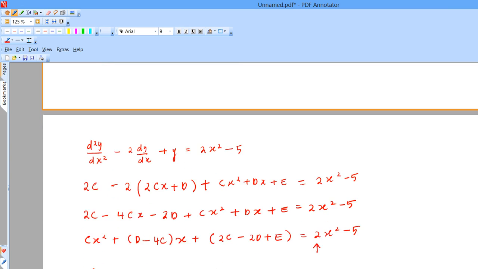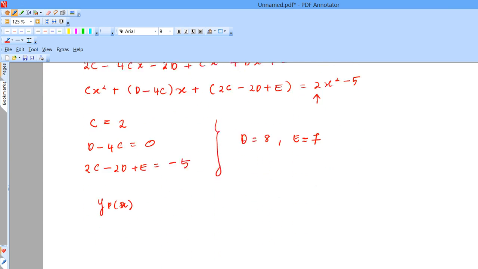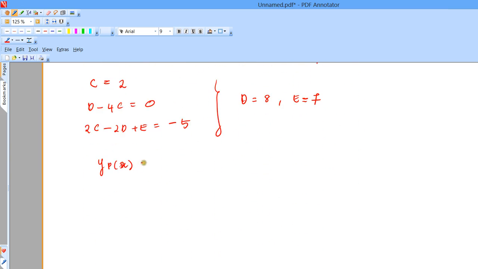So here, ypx equal to cx square plus dx plus e, and then you can substitute c equal to 2, so we get 2x square plus 8x plus 7.